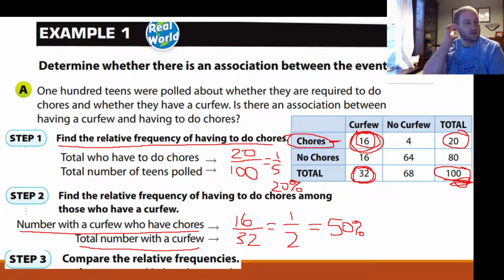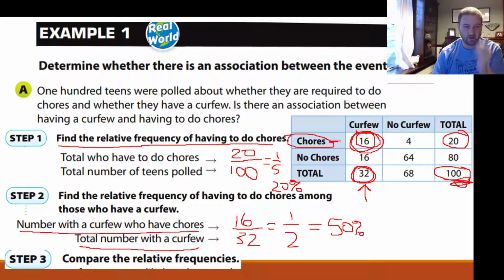Okay? Now, how can we interpret this? We can see that out of the total number of students, only 20% of the total students have to do chores. But if we look at the ones that have a curfew, 50% of the students with a curfew have to do chores. That's a lot more, right? We know that 50% is a lot greater than 20%.